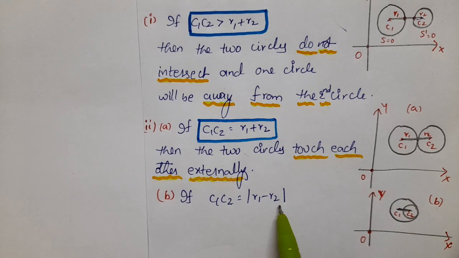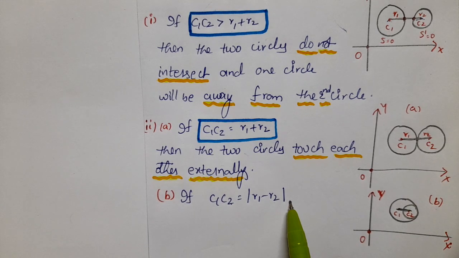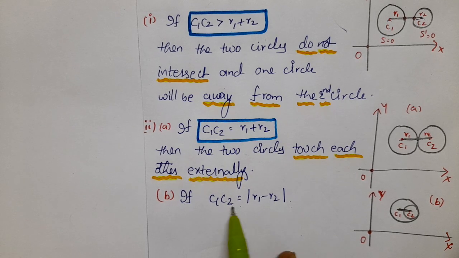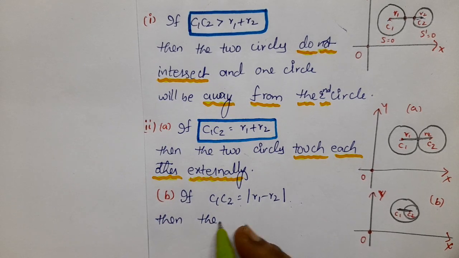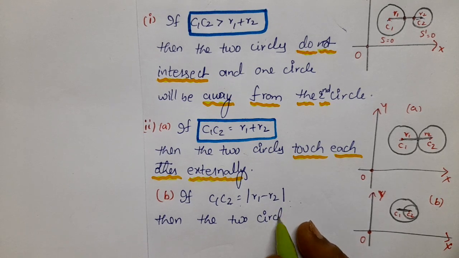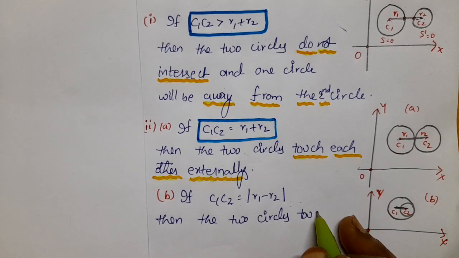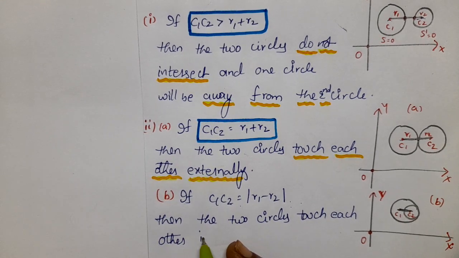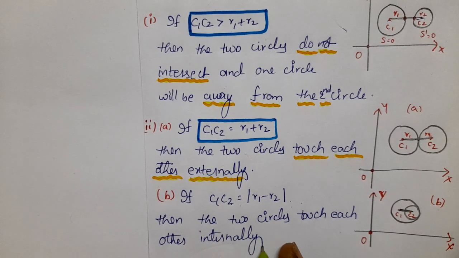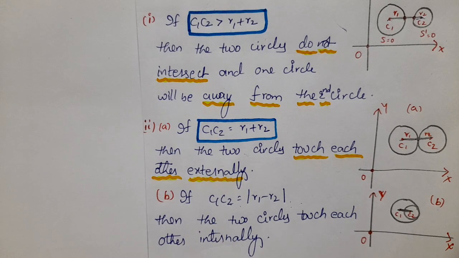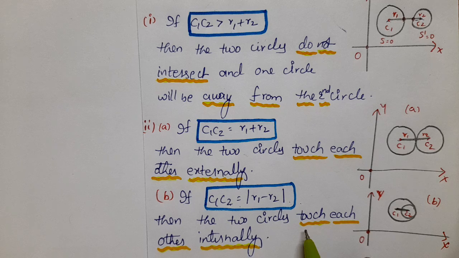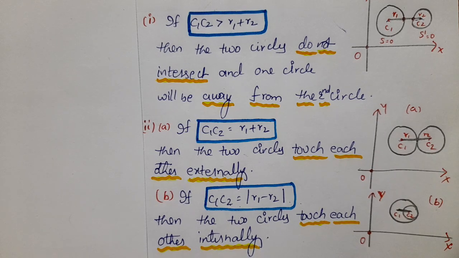If C1C2 equal to modulus of R1 minus R2, that is, the distance between the centers is equal to the difference of the radii, then the two circles touch each other internally.